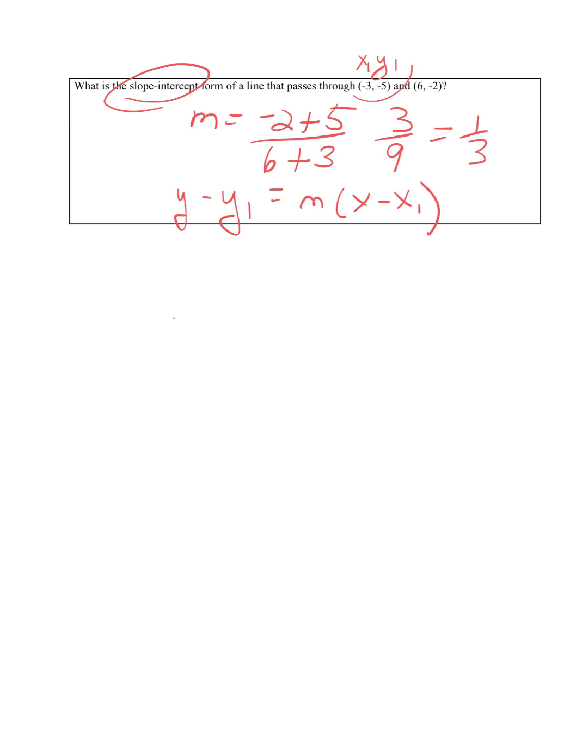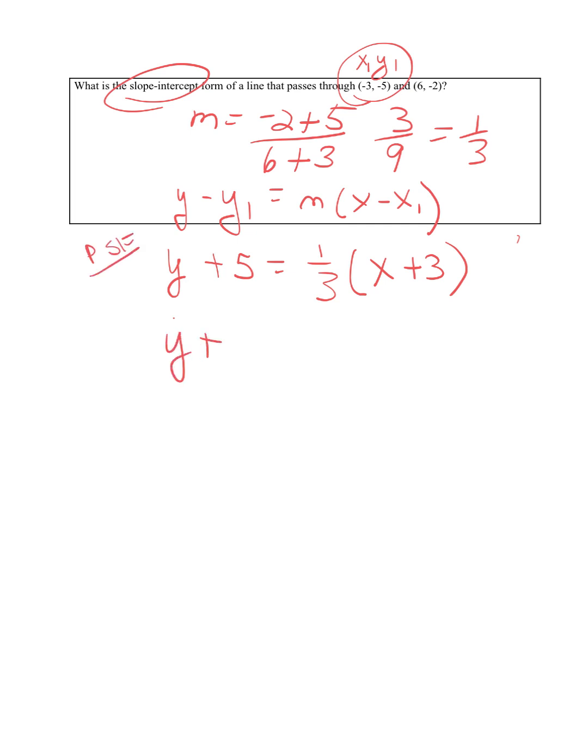So if I select this first point here, I'll have y minus a negative 5 equals 1/3 times x minus a negative 3. And this is point slope form, but the directions ask us for slope-intercept form. And so we're going to have to do the distributive property. And then we have a plus 5. We're going to subtract 5.